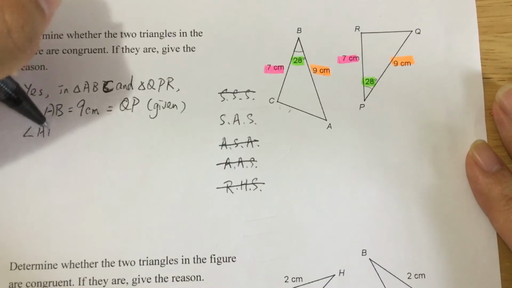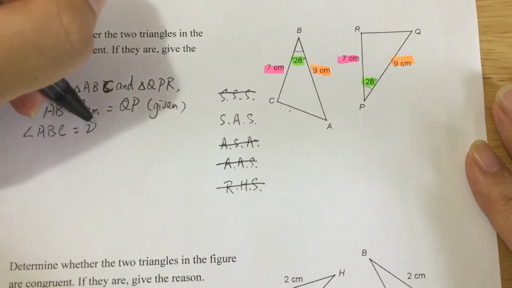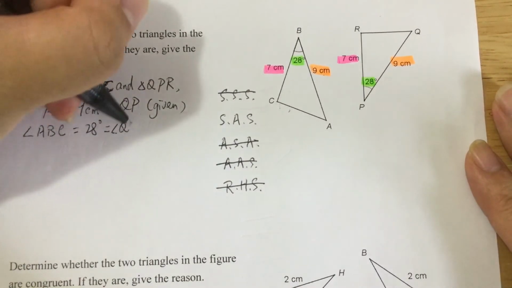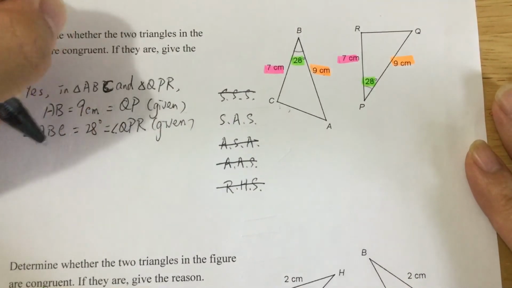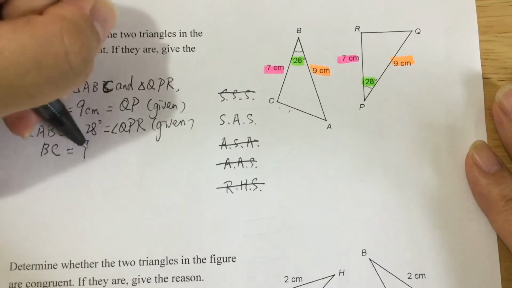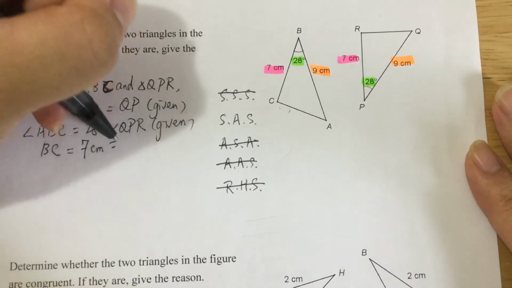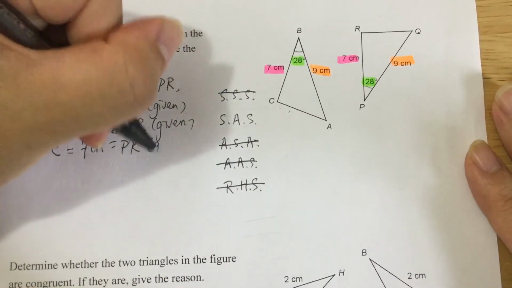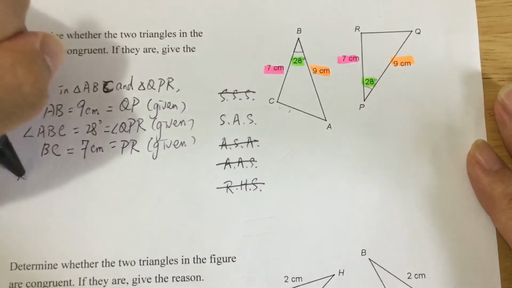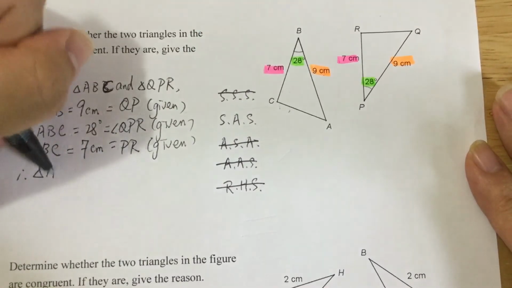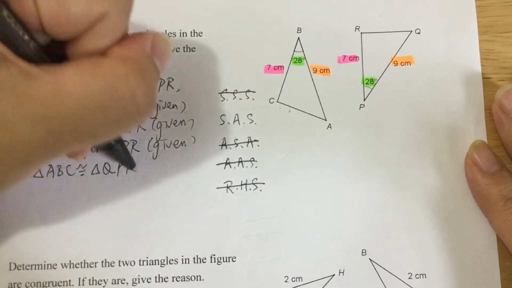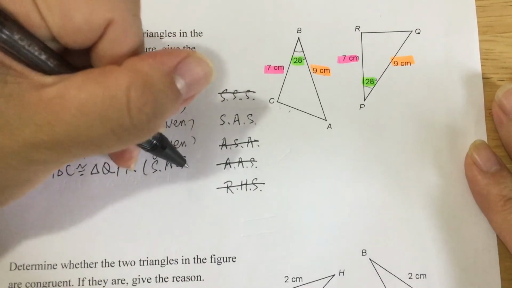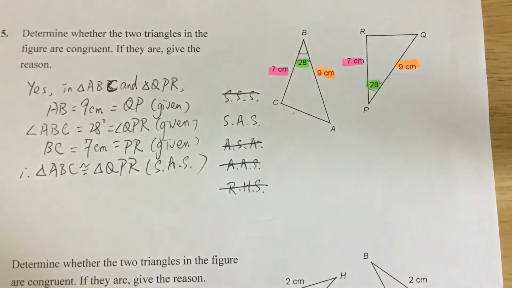Angle ABC will equal 28 degrees and equal angle QPR. Once again, given. And finally, we know that BC is equal to 7 cm, equal to PR. Once again, given. And finally, we can say triangle ABC is congruent to triangle QPR. That one will be SAS. So we can solve the problem for question 5.